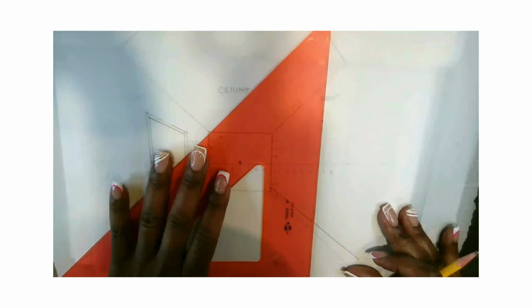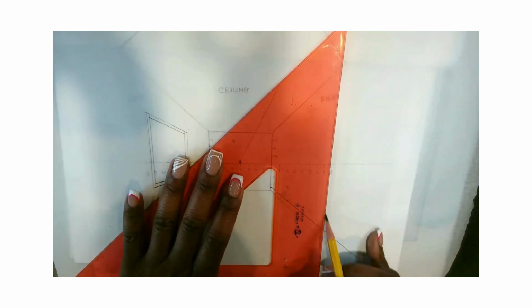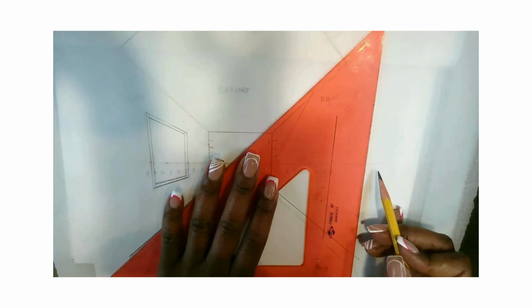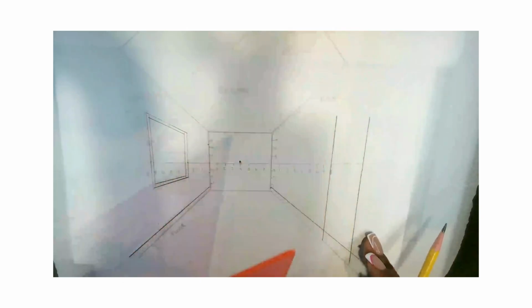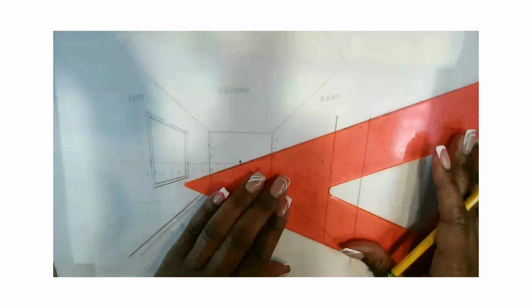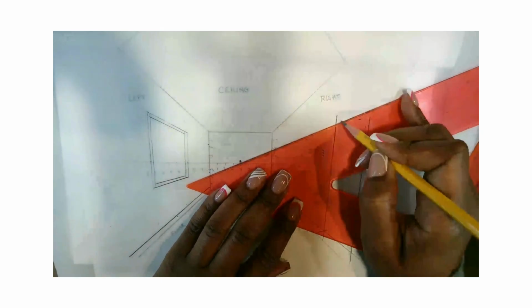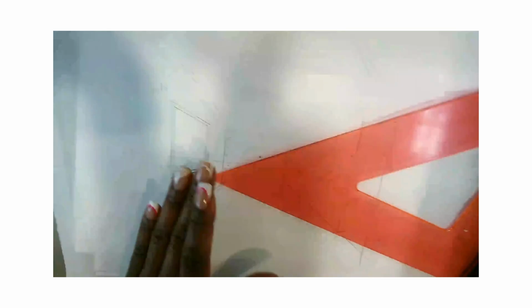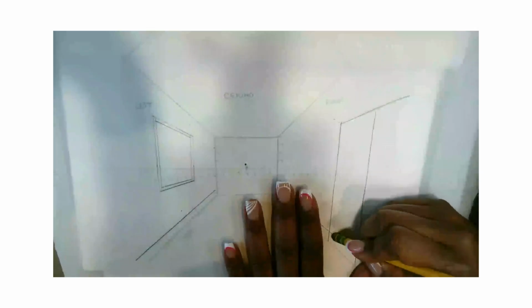My opening starts at this point, and I'm measuring and just seeing that I have like a 3-foot opening, and it has a height of 6 feet. 6 feet through the vanishing point. I'm going to draft a line, and now I've created myself some type of opening in this space. I'm going to erase the lines that I don't need.